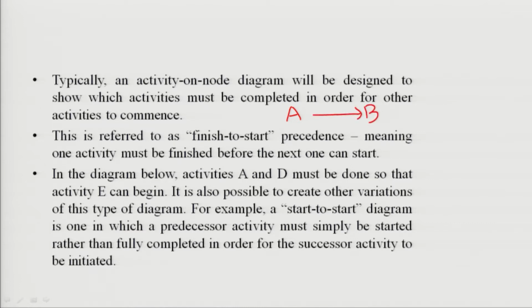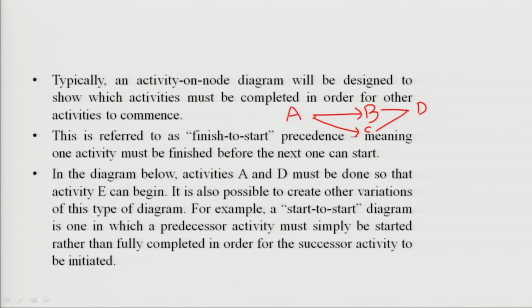This arrow shows that when A finishes, B starts, or when A finishes, B or C start, or when B and C finish together, then D starts.